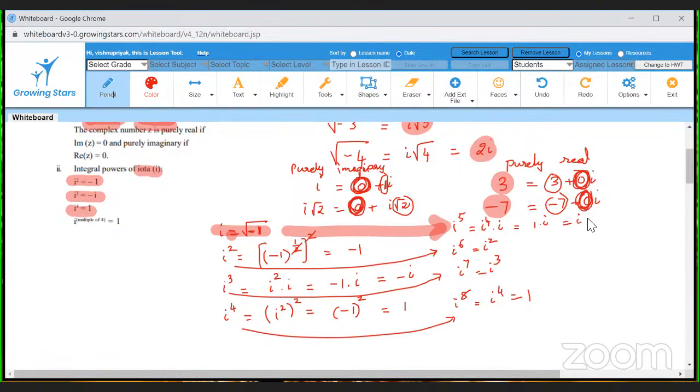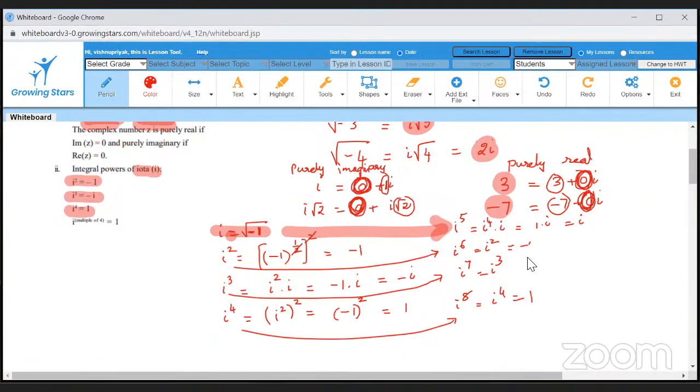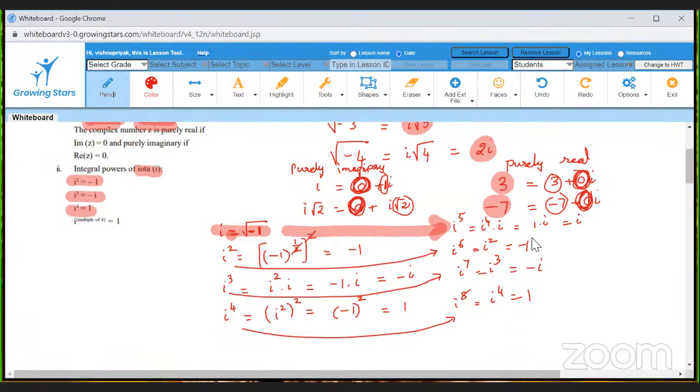So i power 5 is i, i power 6 is minus 1, i power 7 is minus i, i power 8 is 1. These 4 will be repeating always. Again, i power 9, i power 10, i power 11, i power 12.